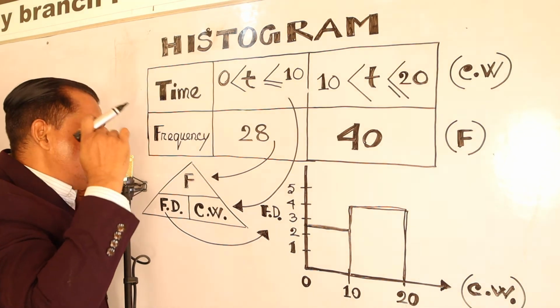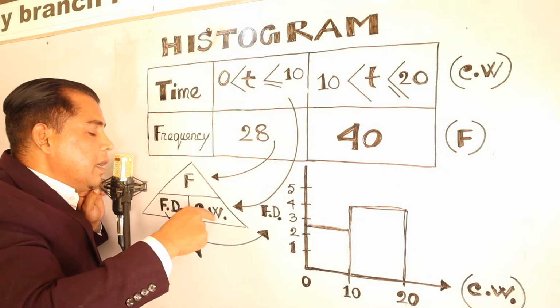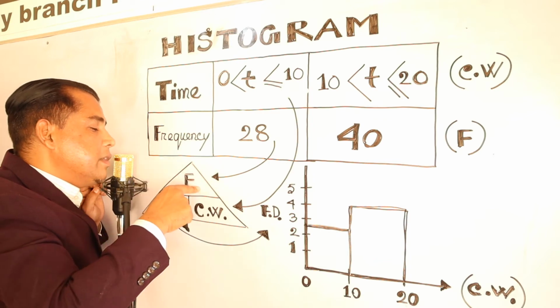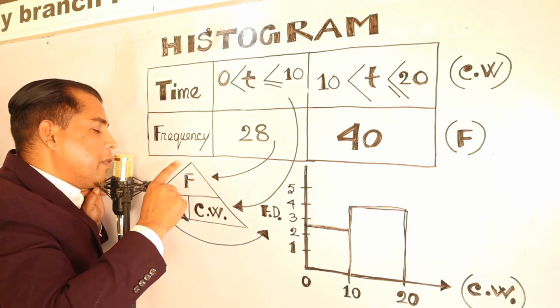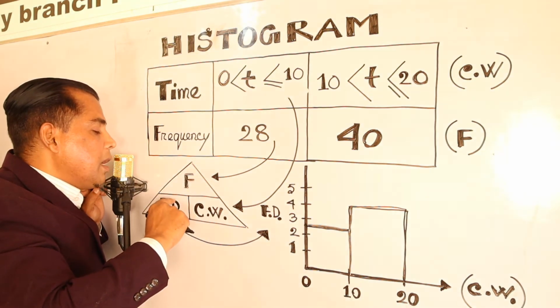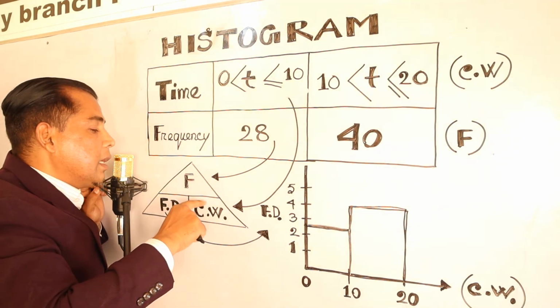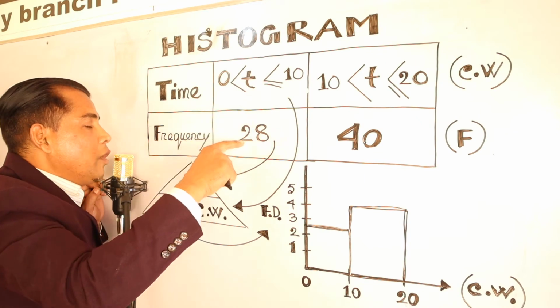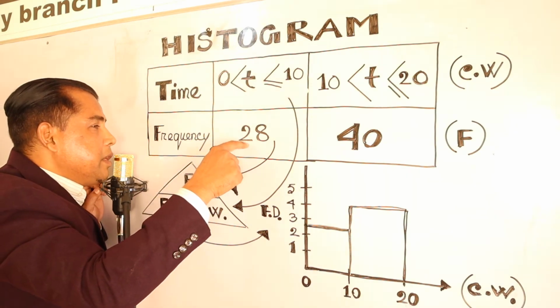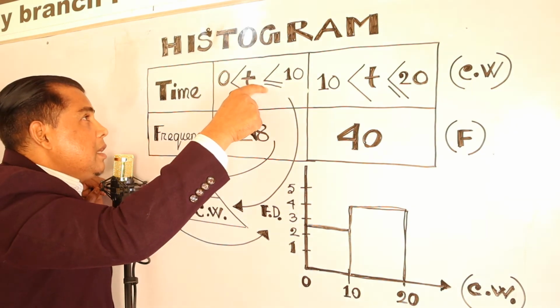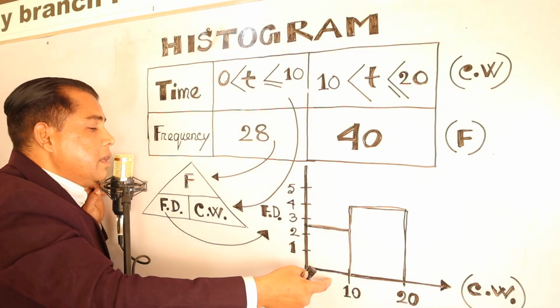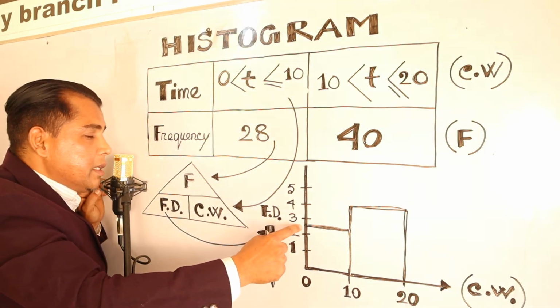For your understanding, this pyramid has been drawn. This is the pyramid where, for getting frequency, what is the formula? You have to multiply frequency density and class width. For getting the frequency, if you want to get this 28, this 10 and 2.8, you know, this 10 is the downside and 2.8 is this.